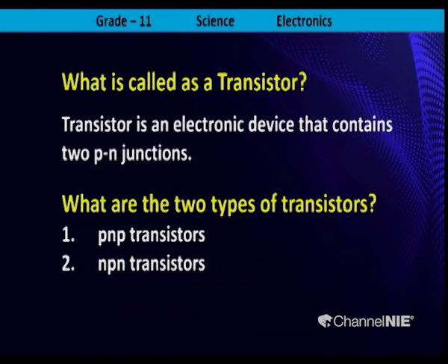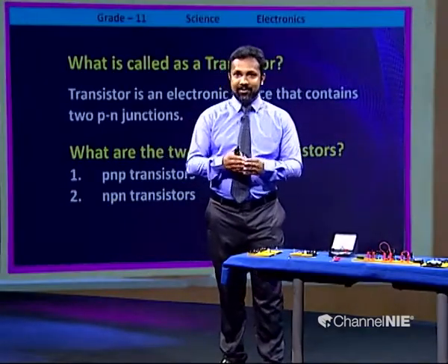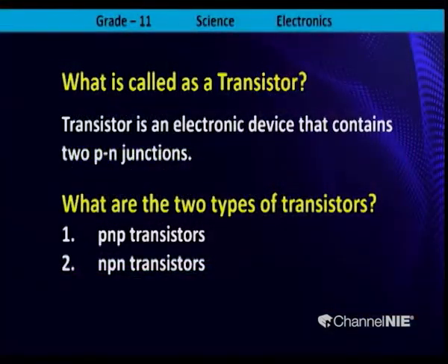When you think about transistors, my dear children, there are two types of transistors. What are they? As shown in the slide, you can see PNP transistors and NPN transistors.